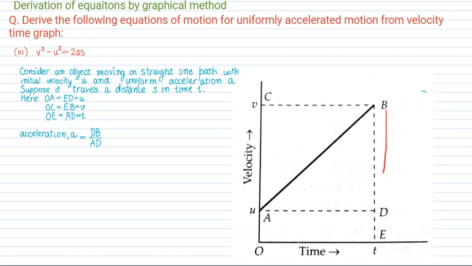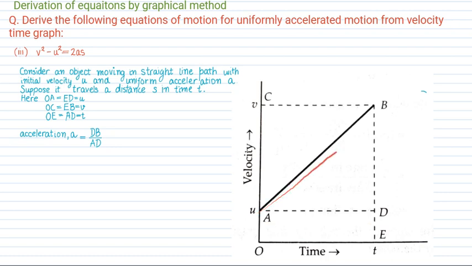Here this BD represents the change between the final velocity and the initial velocity. This one is the change in the velocity. Similarly, this represents the change in the time interval as well. Here the initial time is 0 and the final time is t. So this time interval also represents the change in the time along the x-axis.